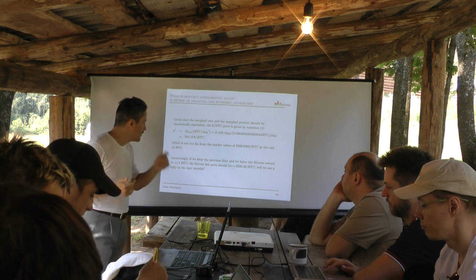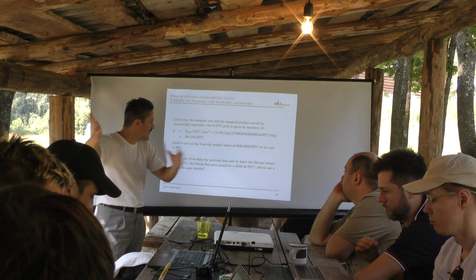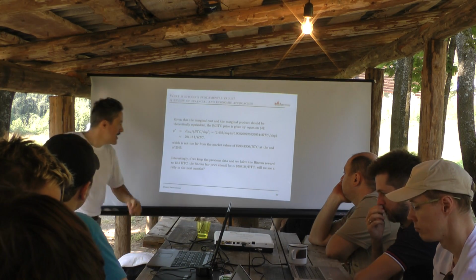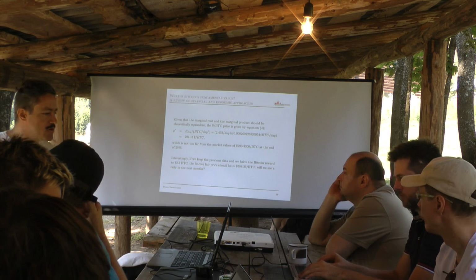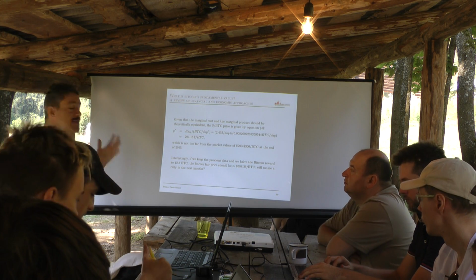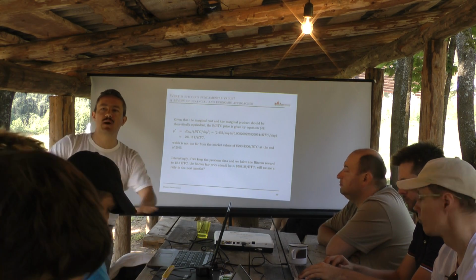The last price is 650, 660, I don't remember, but we're not far from this. So this shows how this quite simple approach can give you a great result. It works.